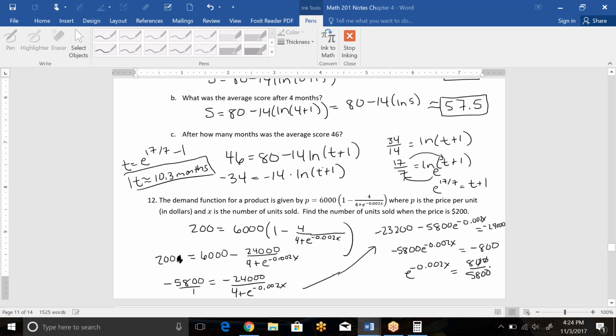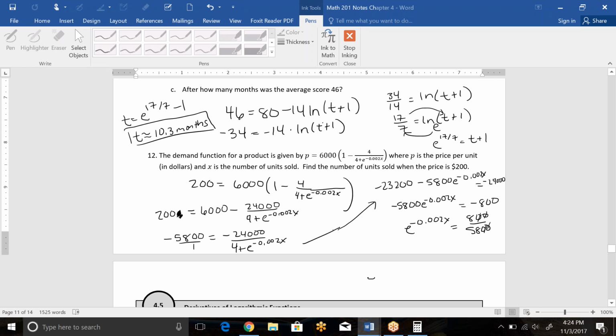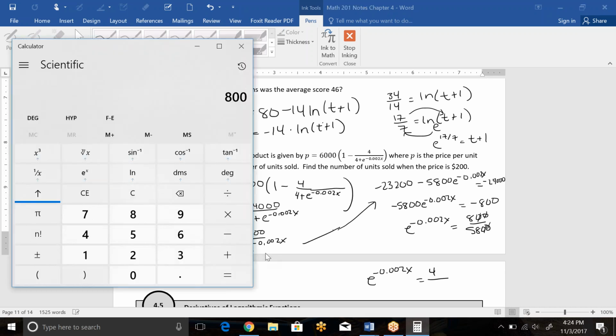We can cancel out the group of zeros since they're the same on top and bottom. So this is e to the negative 0.002x equals, and I would reduce that 8 over 58 as well. If you divide them both by 2, that would be a 4 over 29.